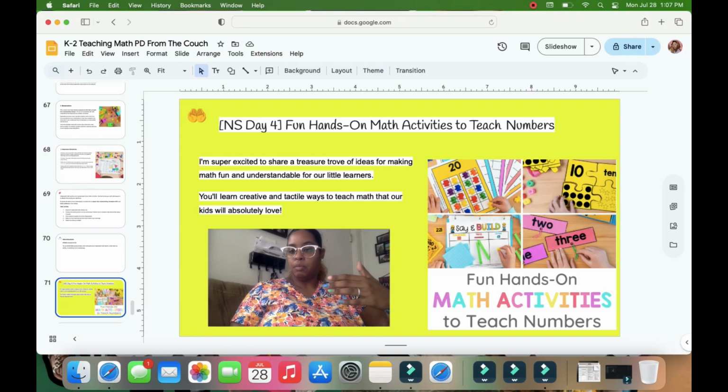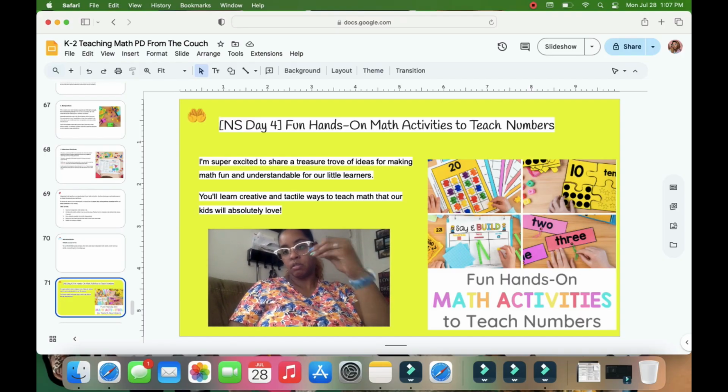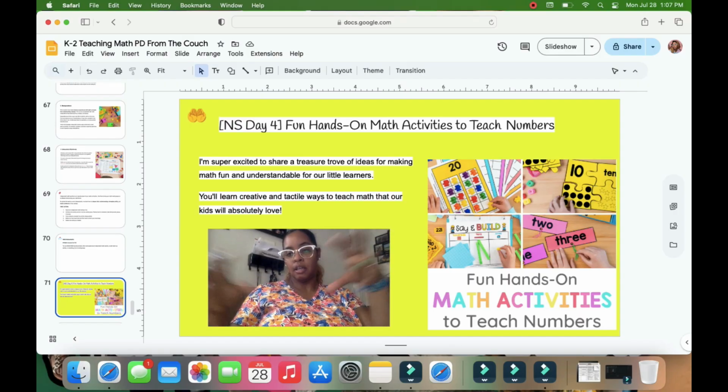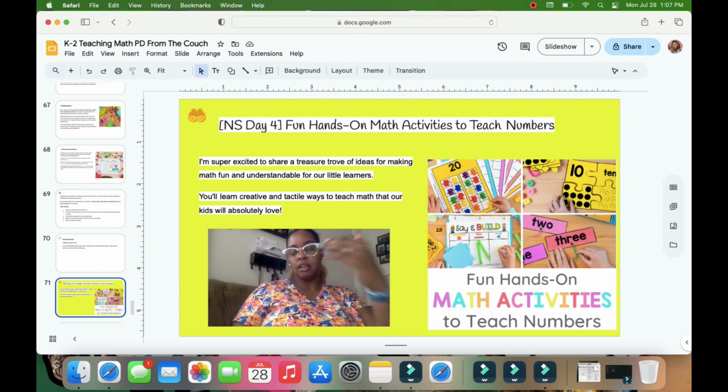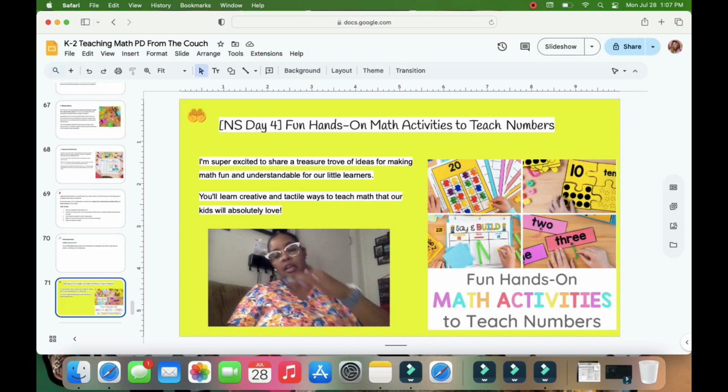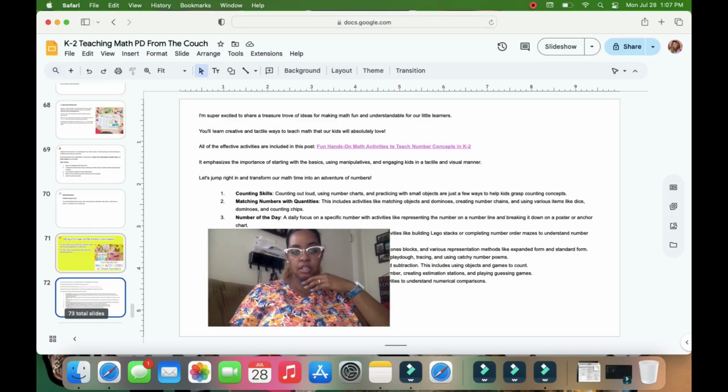So by making math cards where they have to build that number, or putting a number puzzle together, or say and build it, and then of course 10 frame numbers, counting and adding, like building that many bears. It's just a great fun hands-on math activity to teach numbers.